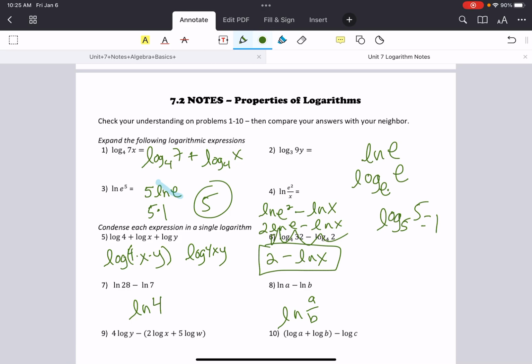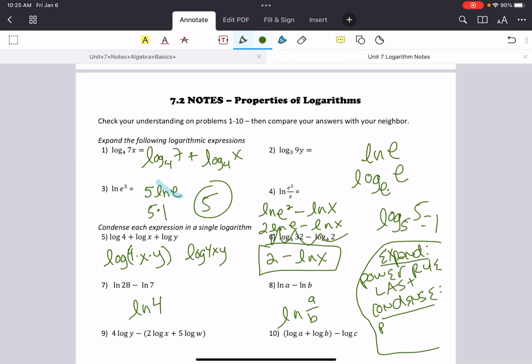One hint I want to give you guys is that when you deal with expanding, here's a hint. When you expand, you want to do your power rule last, but when you condense, you want to do your power rule first. Like that? Ta-da! Very good.